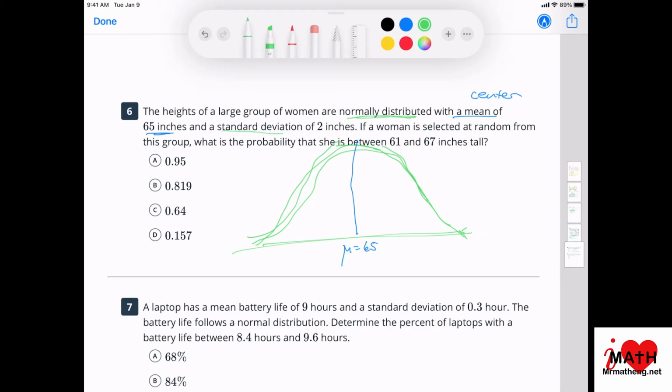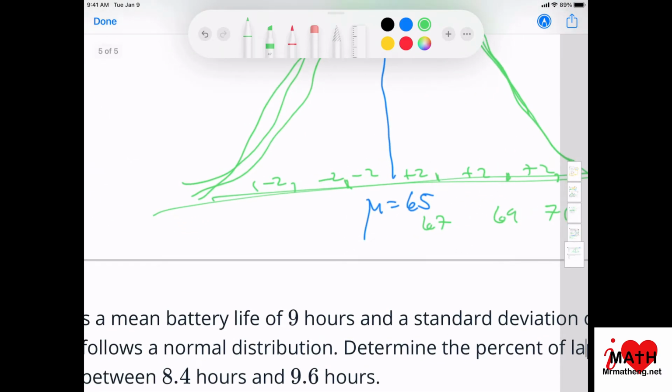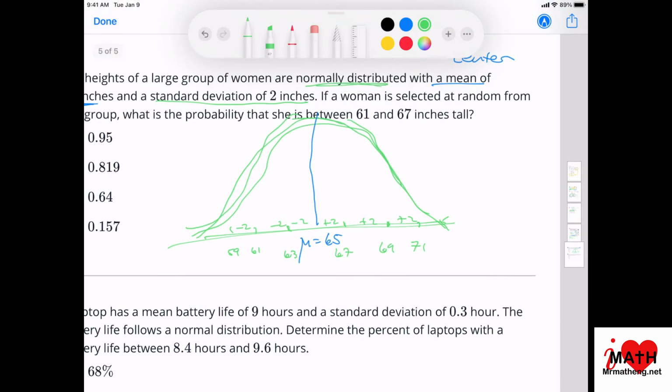And a standard deviation of 2, which basically means if you keep adding 2, you will get 67, 69, and 71. And if you keep subtracting 2 from 65, you will get 63, 61, and 59.